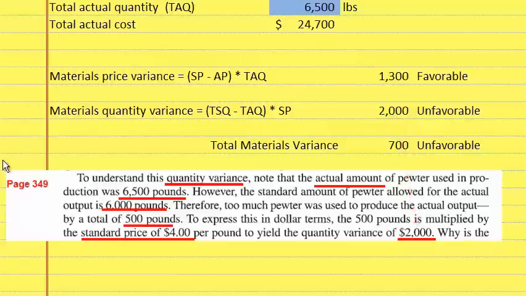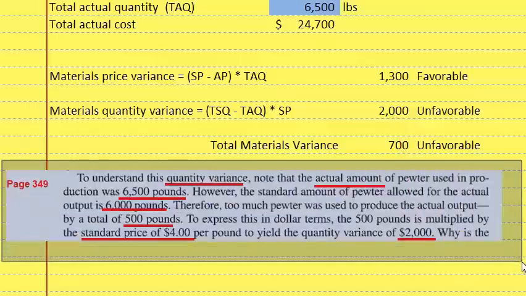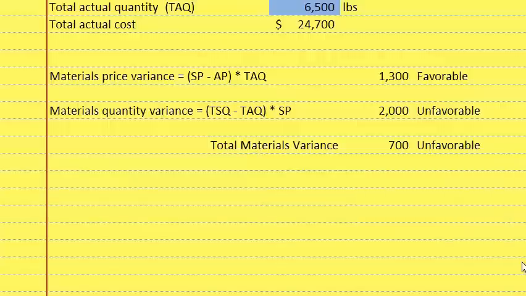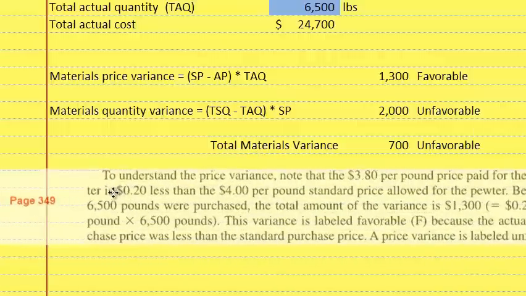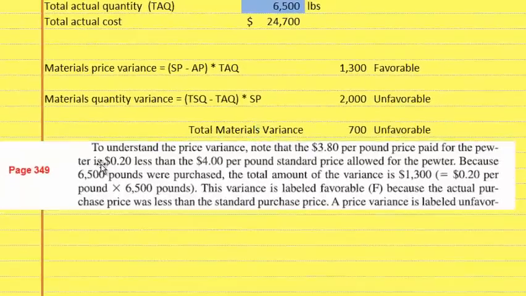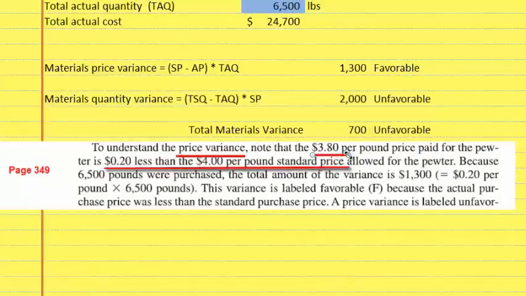Now let's get rid of that and take a look in your book at the material price variance. We actually paid $3.80 per pound, which was 20 cents less than the $4 standard price per pound.